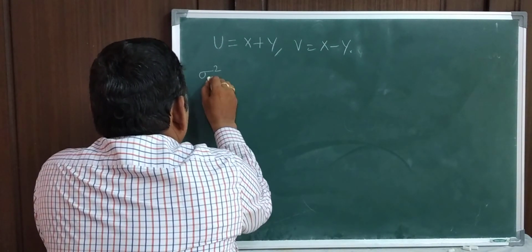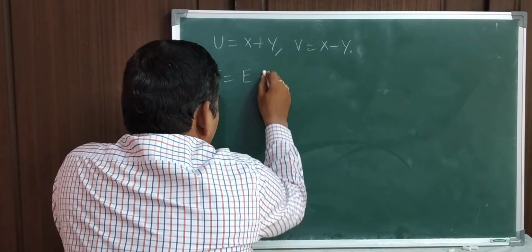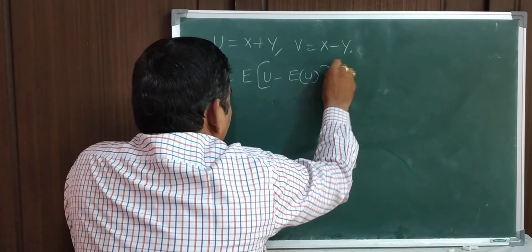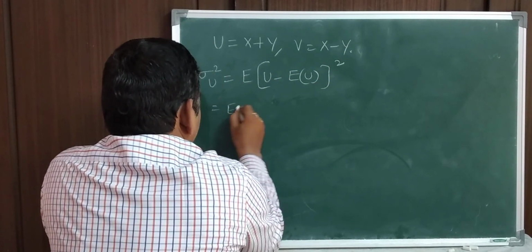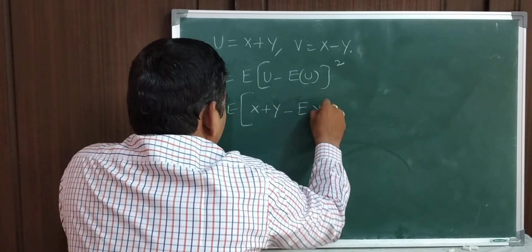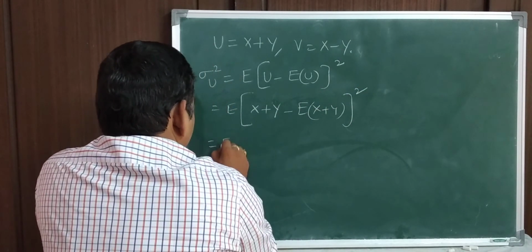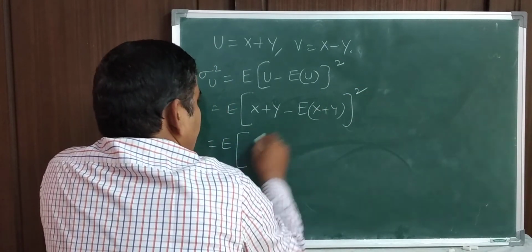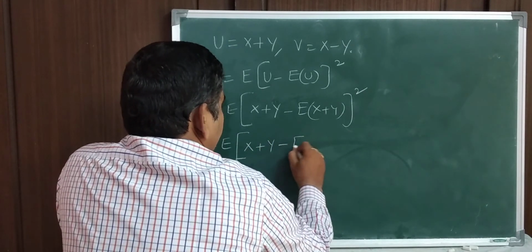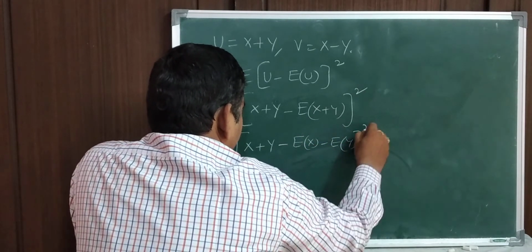Sigma square u, which is nothing but the variance of u, is expectation of u minus expectation of u, the whole square. That is equivalent to expectation of x plus y minus expectation of x plus y, the whole square, which is expectation of x plus y minus expectation of x minus expectation of y, the whole square.